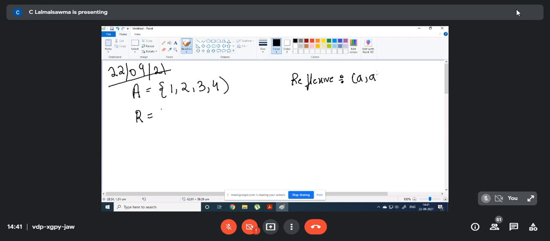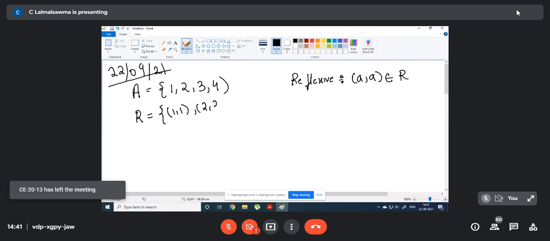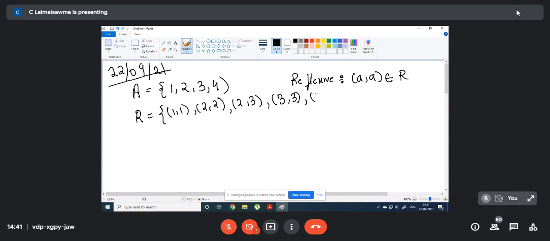If AA belongs to R, then it is reflexive. Now, let me write an example of reflexive. AA means a pair which contains both equal terms. Here we have 1 1, 2 2, 3 3 and 4 4, and all are present.